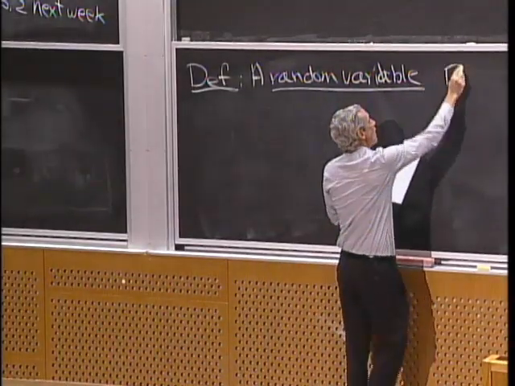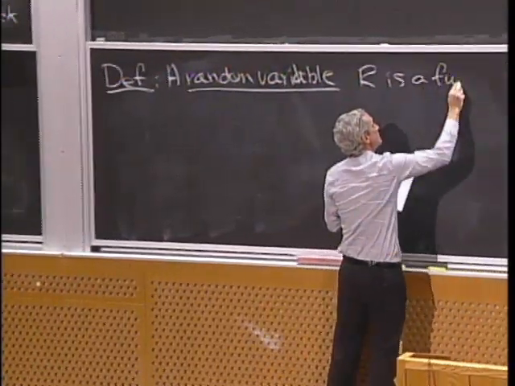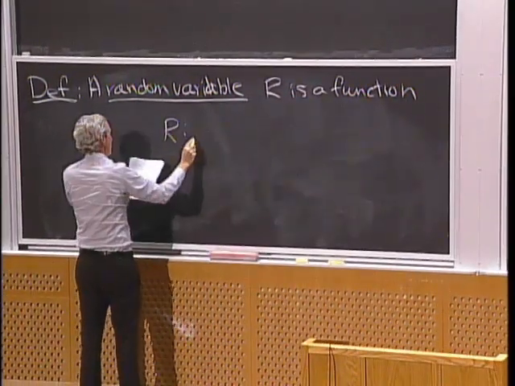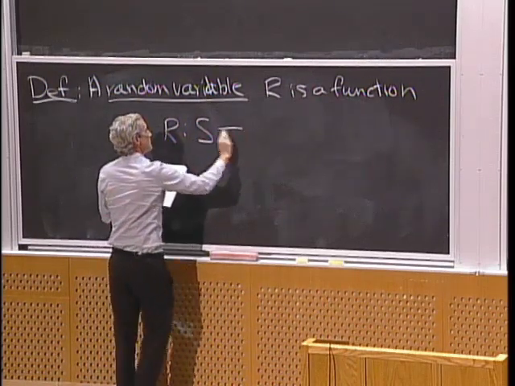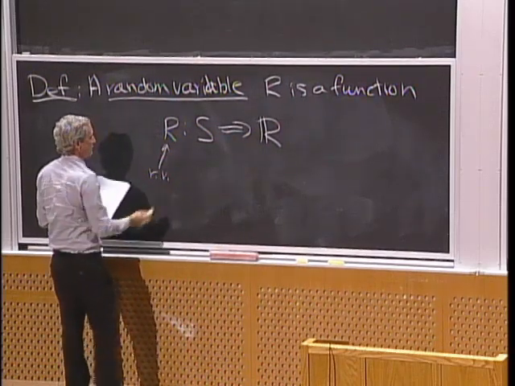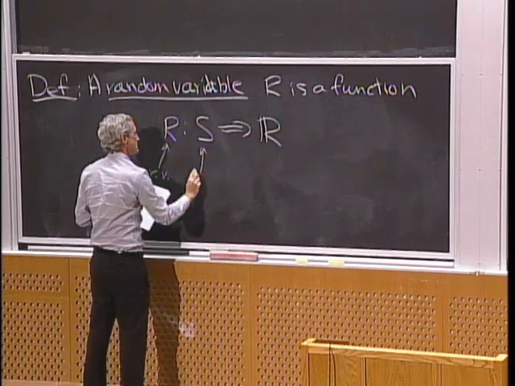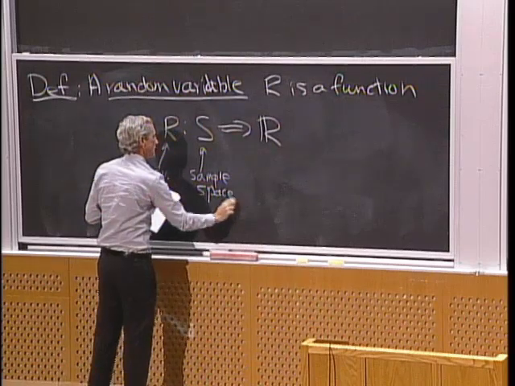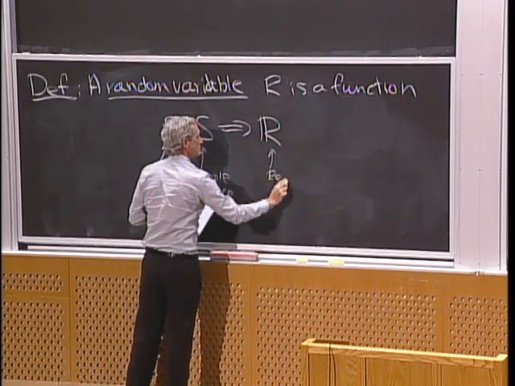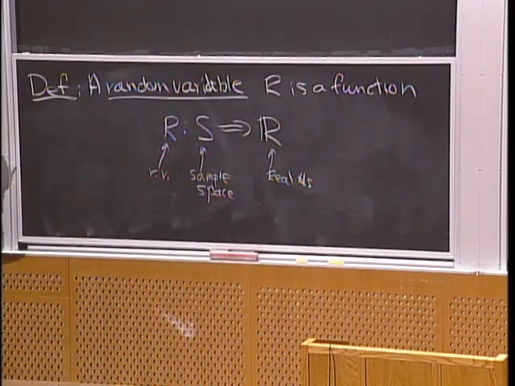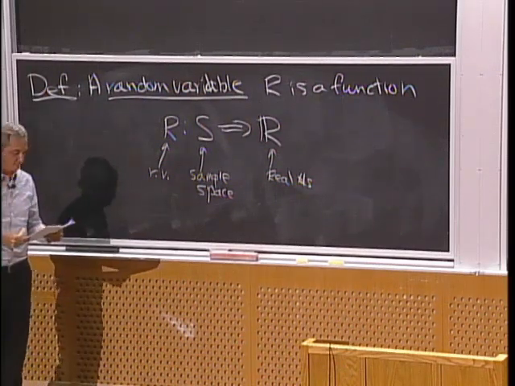A random variable R is a function from the sample space to the reals. All right, so this is the random variable, and we'll often denote that by RV. This is the sample space of all possible outcomes. And this is just the reals. So in other words, a random variable is just a way of assigning a real number to each possible outcome.